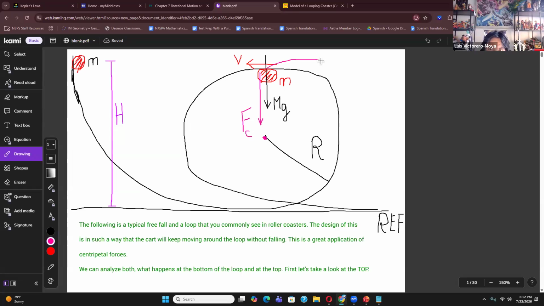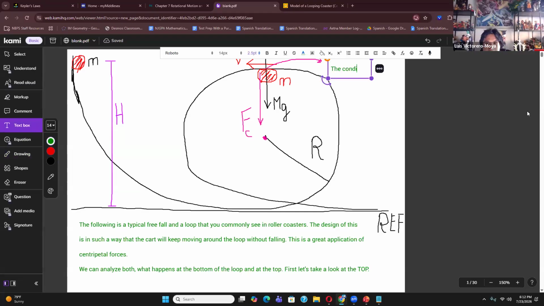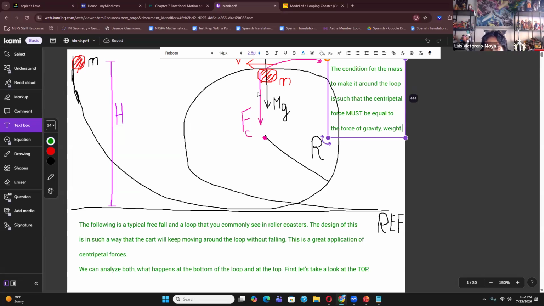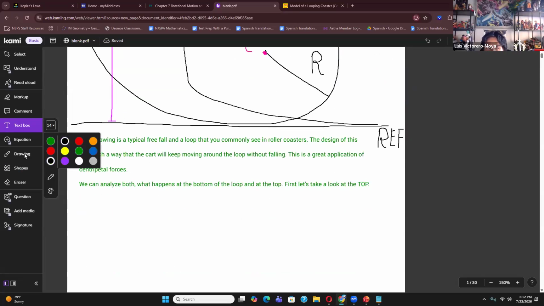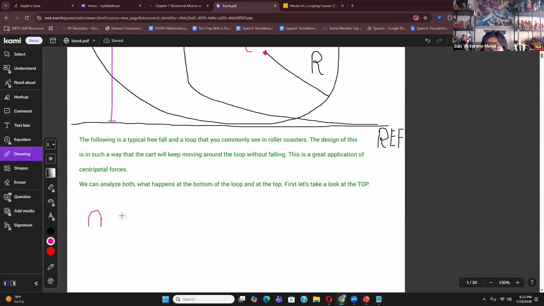So the condition for the mass to make it around the loop is such that the centripetal force must be equal to the force of gravity, the weight. So mg is equal to the centripetal force.